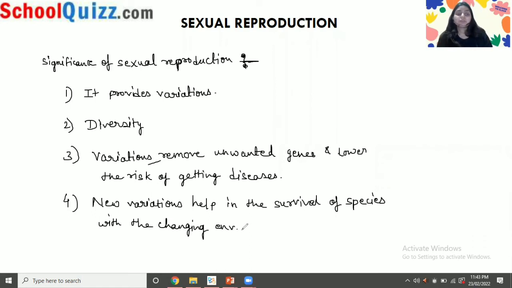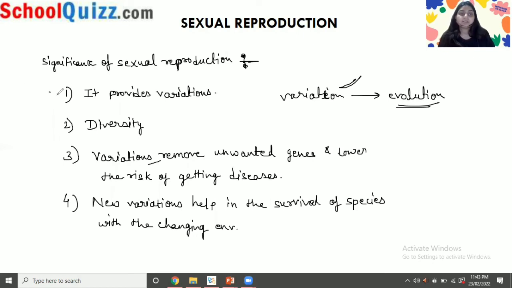You already know that variation over the years, over thousands and tens of thousands of years, leads to evolution. So a new species comes because of the variations, and evolution leads. This is the importance, or the significance, of sexual reproduction.